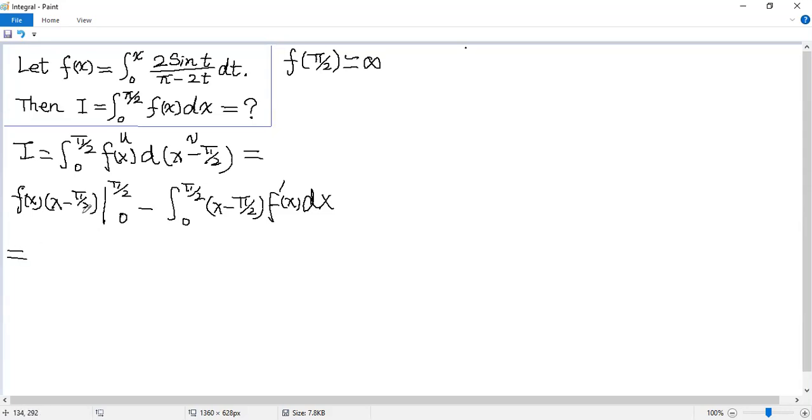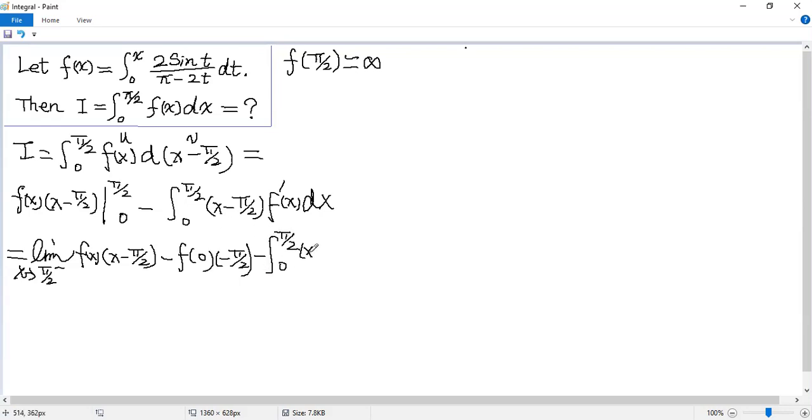Now when x approaches half pi, f(x) approaches infinity and this one approaches 0. So we can only use the limit to express it: the limit as x approaches half pi from the left of f(x) times (x minus pi over 2). When x equals 0, we get f(0) times negative pi over 2. The last term is the integral from 0 to half pi of (x minus half pi) f prime(x) dx.